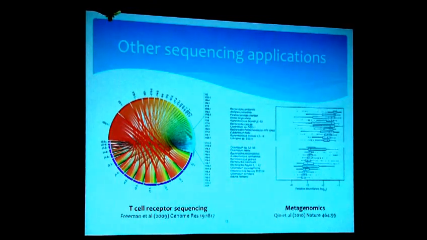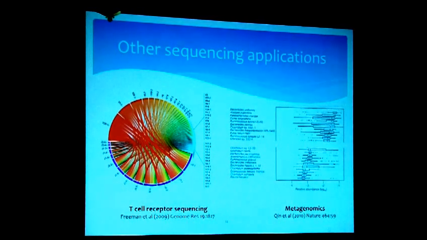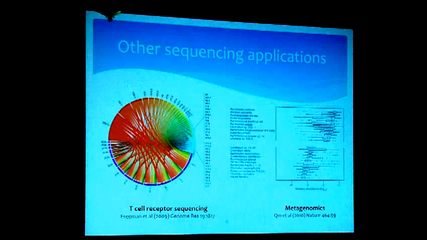Then, does that repertoire change between individuals exposed to different pathogens, or according to their early life history of pathogen exposure? So it might be possible to get some readout of what the T-cells have experienced and what the repertoire is, which I think would be a really neat thing to do in a wild population.